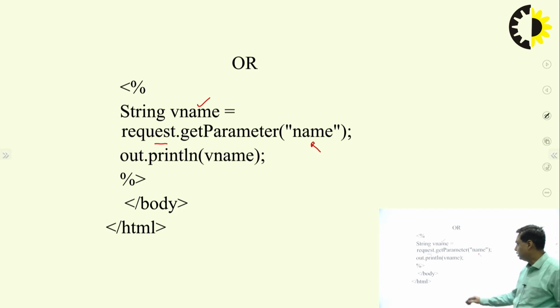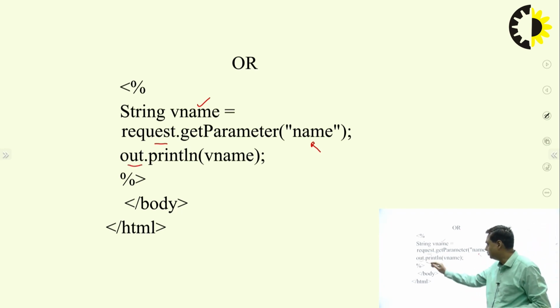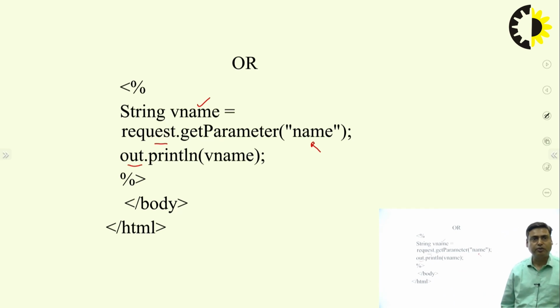Then you can display it with the help of the out object, which is the implicit object of JSP, by calling the println method and passing the name of the variable. So, this statement will display the value of the text box in the browser. Now, you can compare.